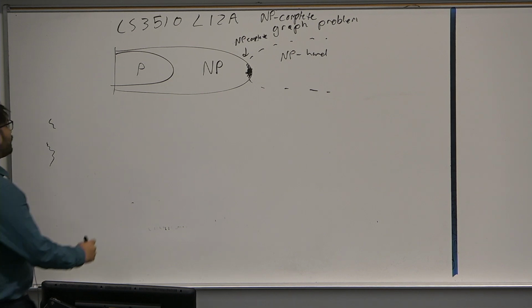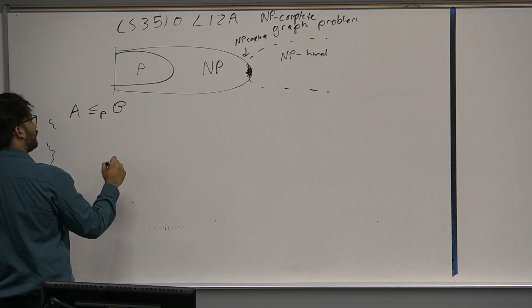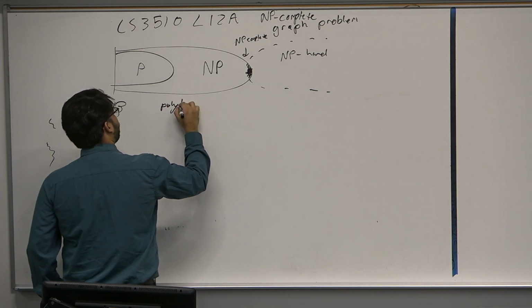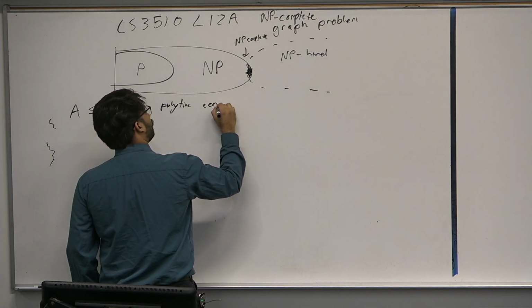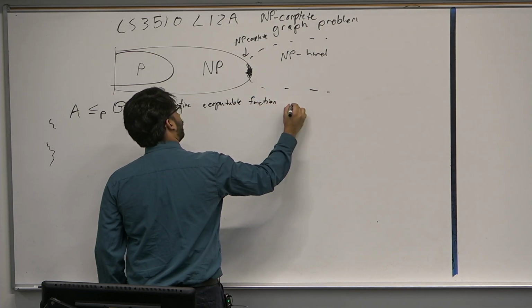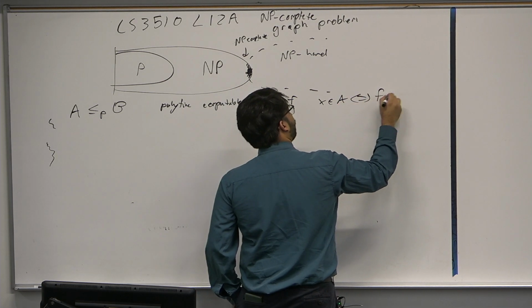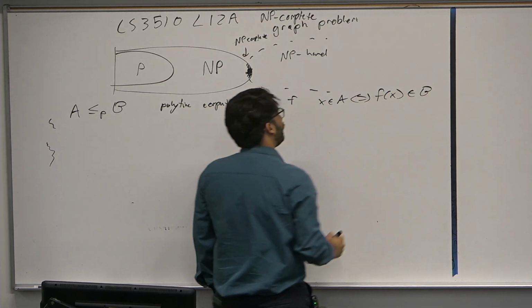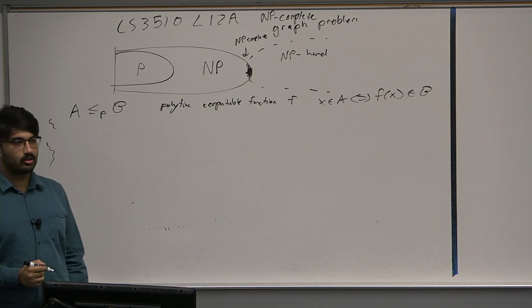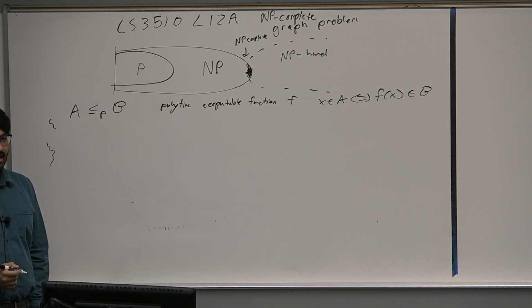Right, and we mentioned that we can do a polynomial time reduction from A to B to mean that we can create a polytime computable function f such that x is in A if and only if f of x is in B. And the reason we do so is that this polytime computable function is a bit like glue, in the sense that it entangles two problems together in a suicide pact.